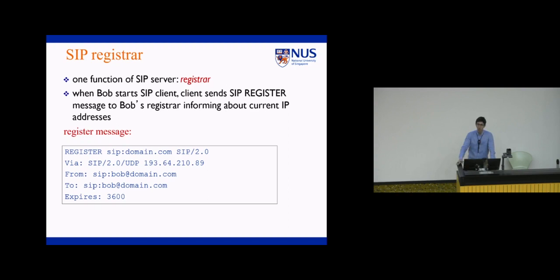But how does a SIP proxy server determine the current IP address for bob@domain.com? Well, we have SIP registrars. In fact, there is a good analogy between the proxies and registrars of SIP that comes from the DNS.